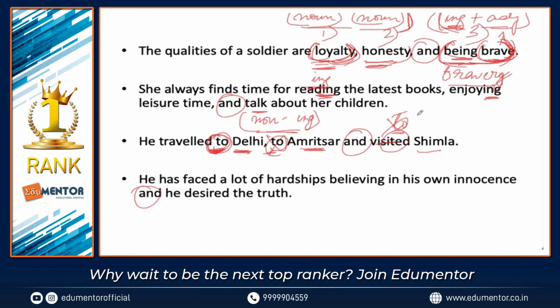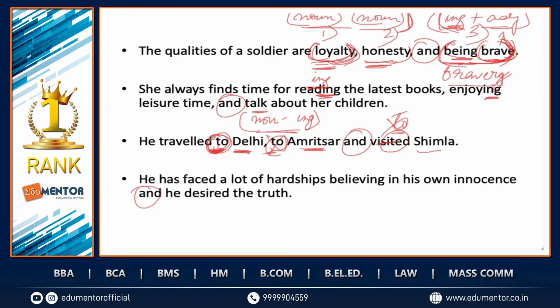We have the liberty of taking this as common, or we can distribute it equally to the second and third clause as well. Either way it works fine. Both of them are grammatically correct.